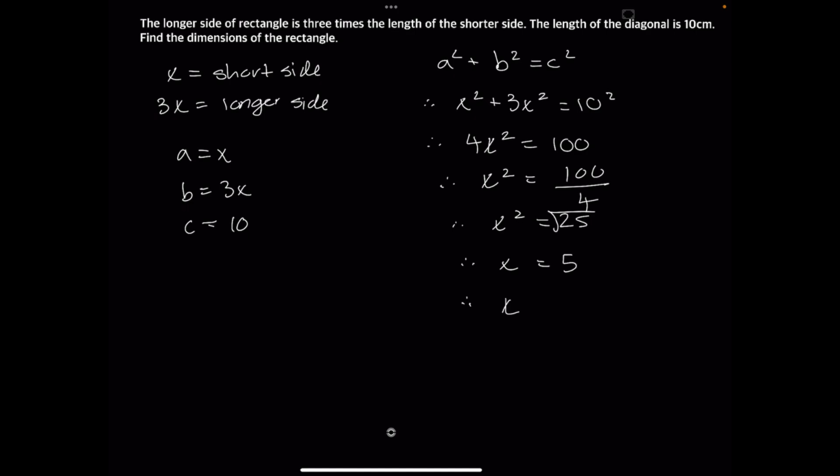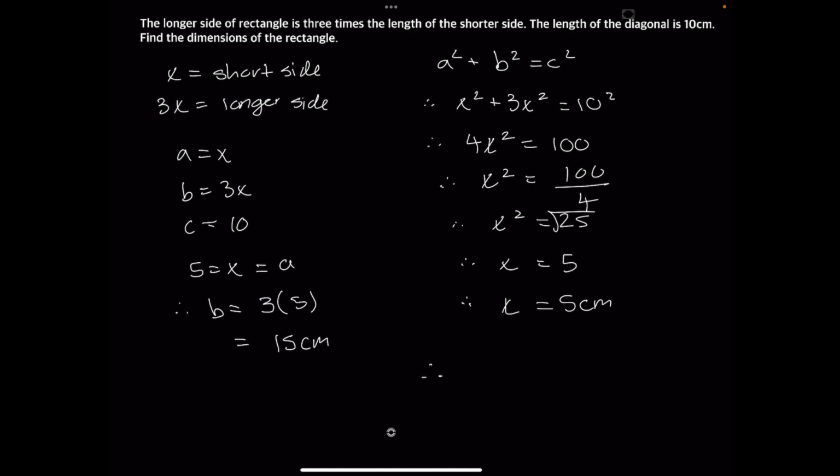Therefore we know what x is. X is equal to 5 centimeters. Now to figure out what a and b are, all we have to do is write 5 is equal to x. Therefore b is equal to 3 times 5, which equals 15 centimeters. And a is equal to x.